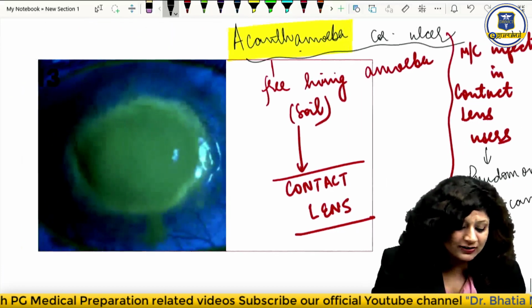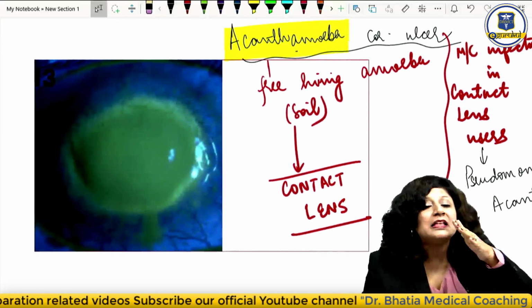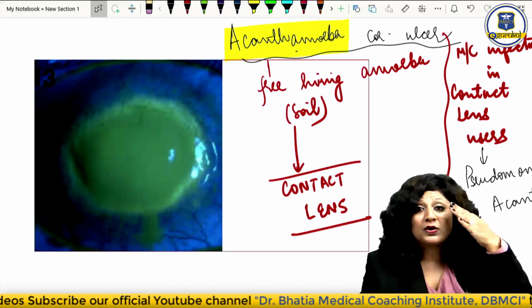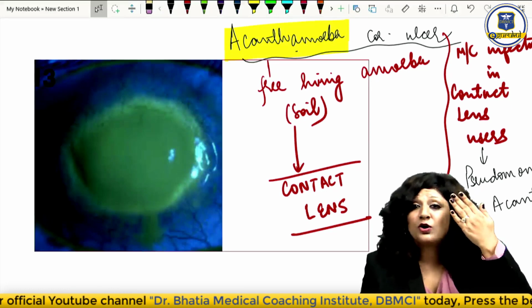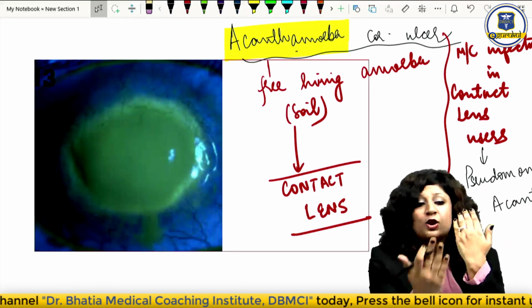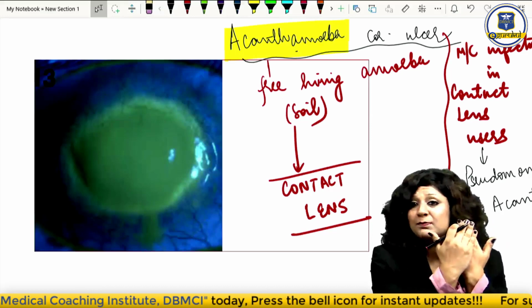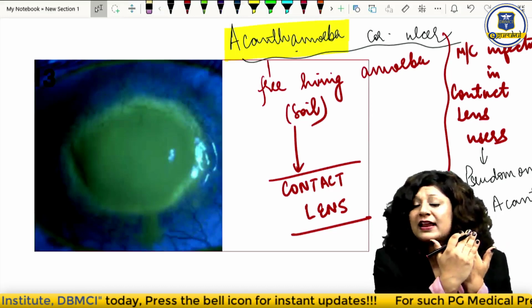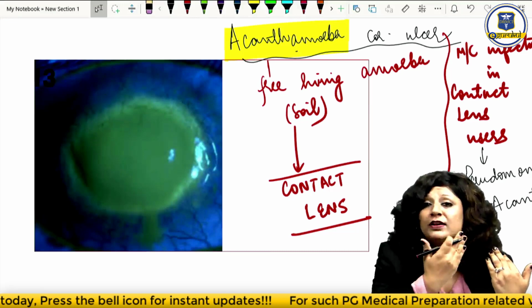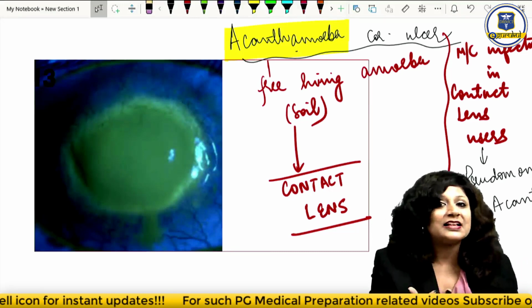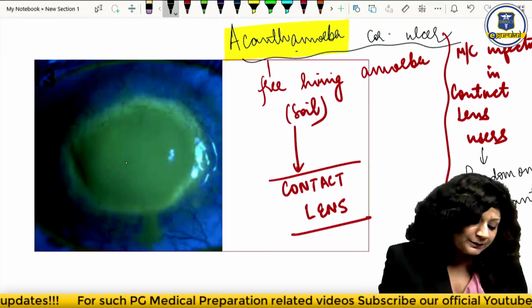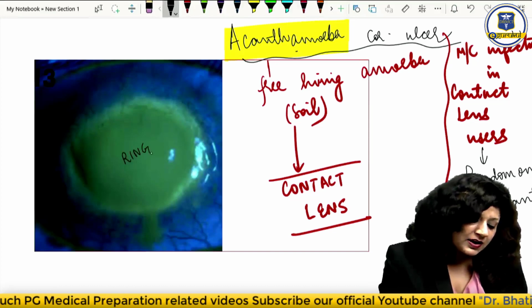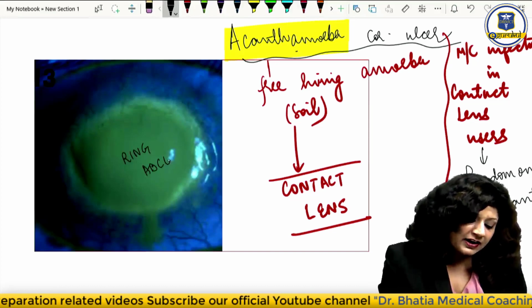Now, how is it actually causing the ulcer? This ulcer manages to remain between the cornea and the contact lens. Because it remains between the cornea and the contact lens, it is involving the whole of the cornea, and that is why a very typical feature here is the ring abscess.